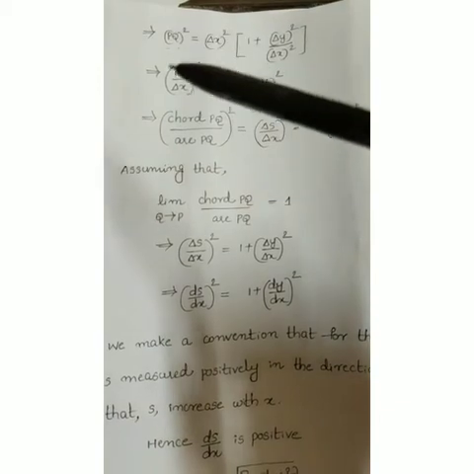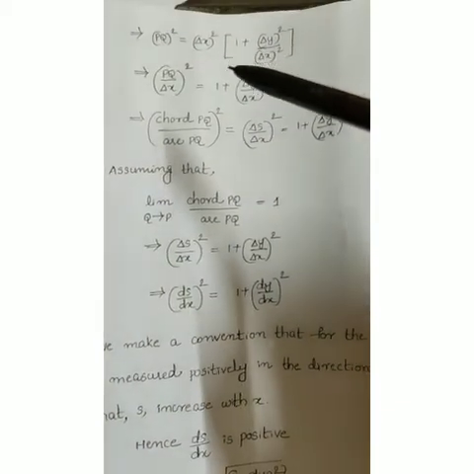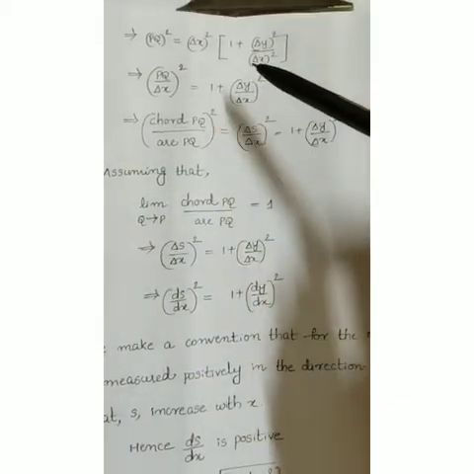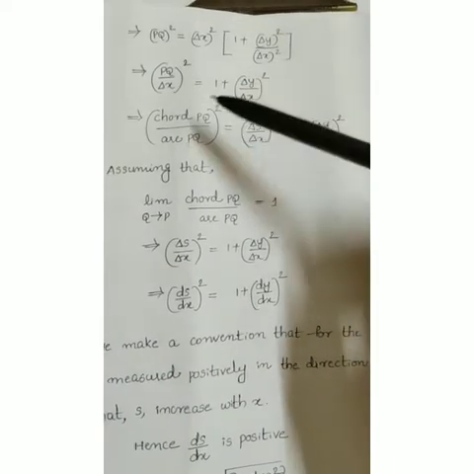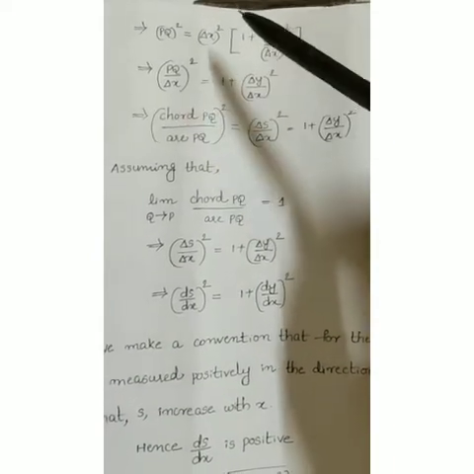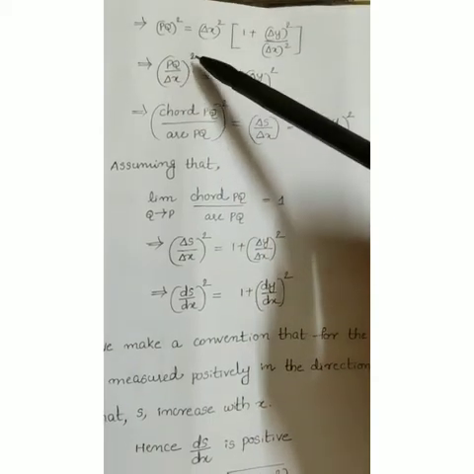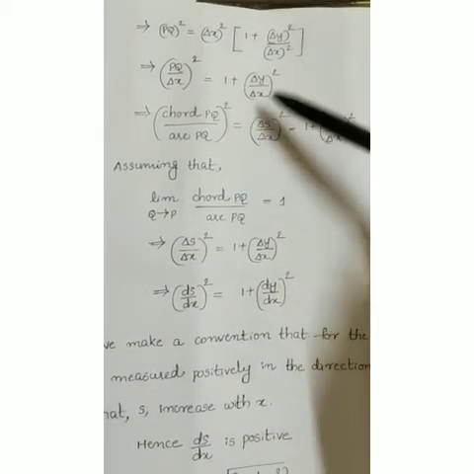That implies PQ whole square equal to, taking delta x square as common, delta x square times 1 plus delta y whole square by delta x whole square. So, taking this to the other side, PQ by delta x whole square equal to 1 plus delta y by delta x whole square.